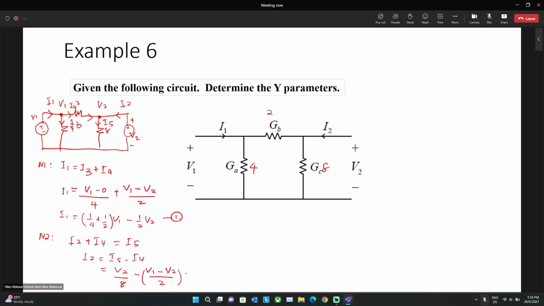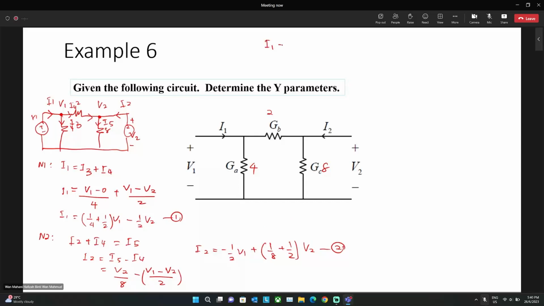Okay. And ni pun sama. Asingkan ikut dia punya pendarab tu. So daripada equations ni, I2 sama dengan negative 1/2 V1 plus with 1/8 plus 1/2 V2. Ini equation kedua.